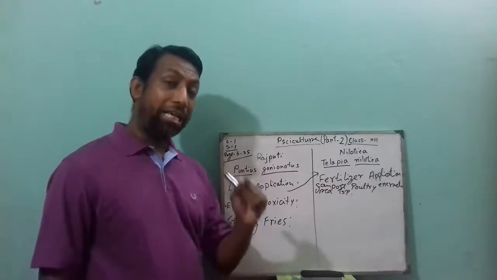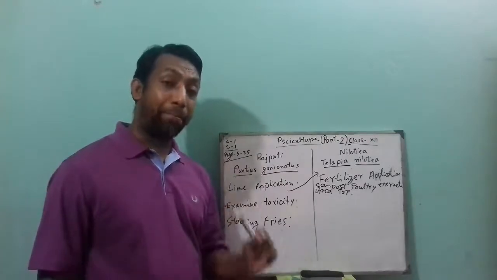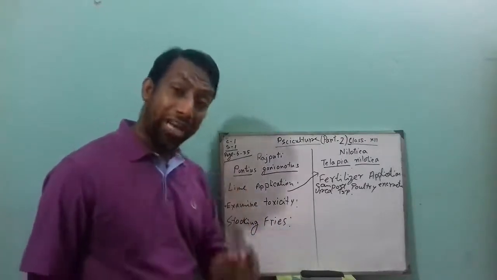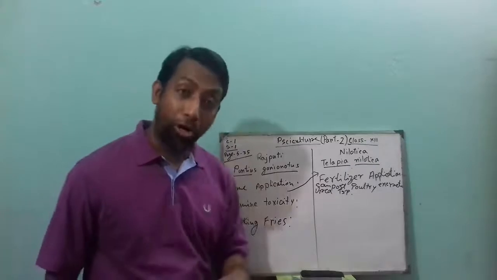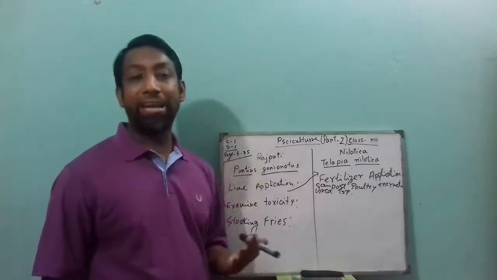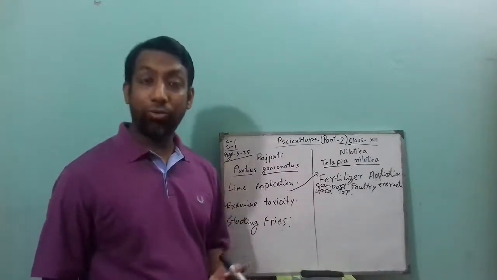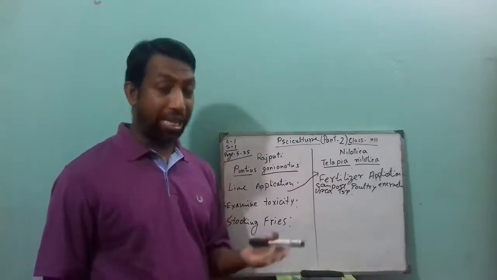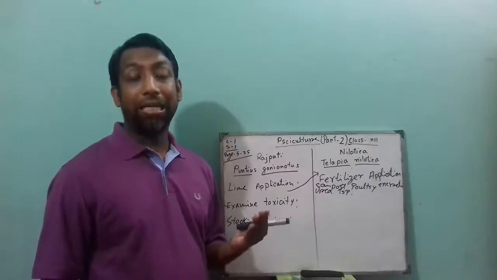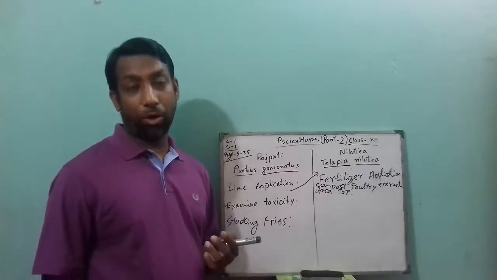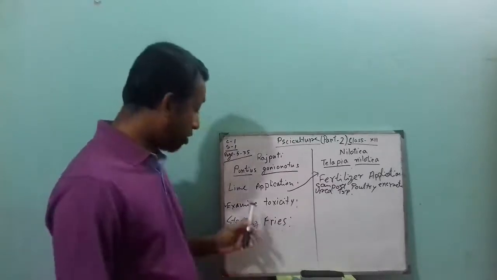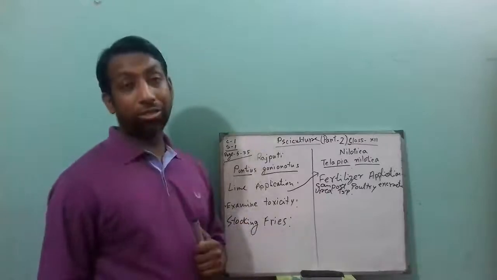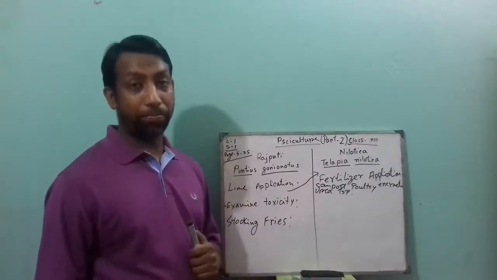That is why if you release fries in the pond, the fries might die due to the toxic substance present in the pond, and then the farmer will suffer a big loss. That is why you have to examine the toxicity or test the toxicity.